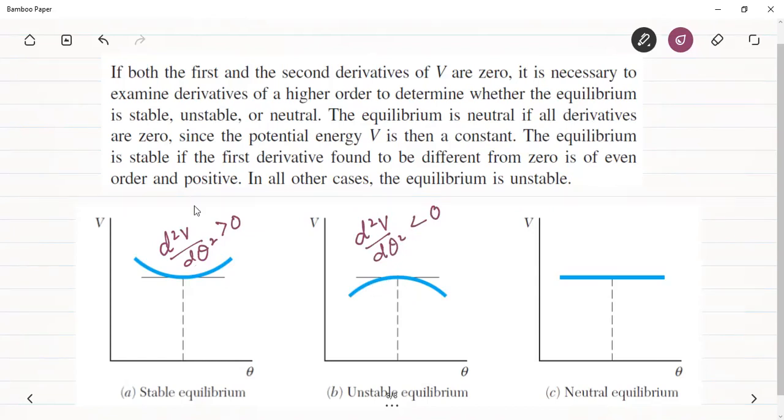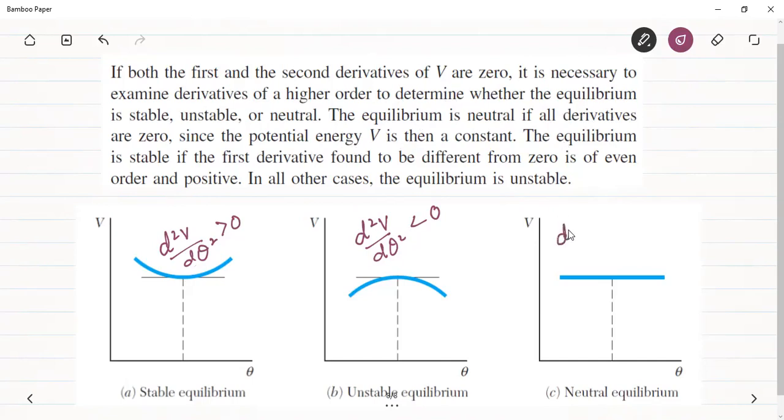Now similarly, if the first and second derivative are both 0, it is necessary to examine the higher derivatives. The equilibrium is neutral if all the derivatives are 0, since the potential energy is then a constant.